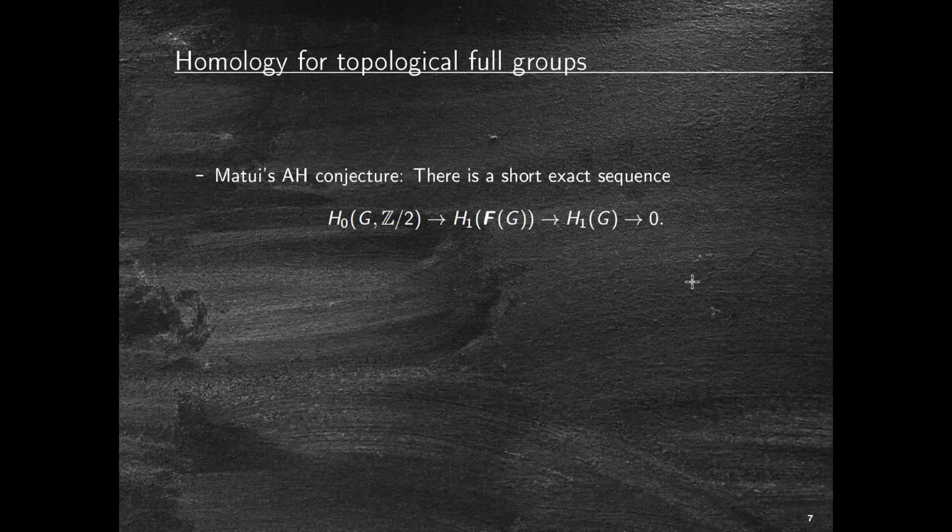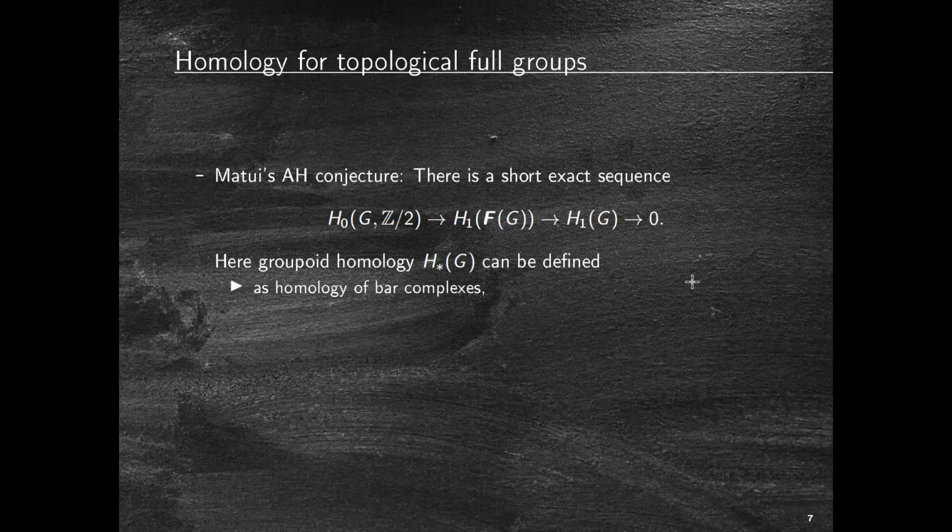Maybe let me say just for completeness, I already said groupoid homology, you can think of this as a generalization of group homology. So if your groupoid were a group, so if the object set is just a singleton, then you would just get group homology. But as for group homology, there are various ways to understand or define groupoid homology.